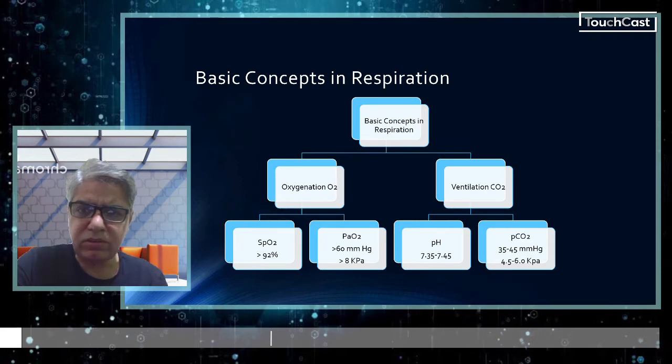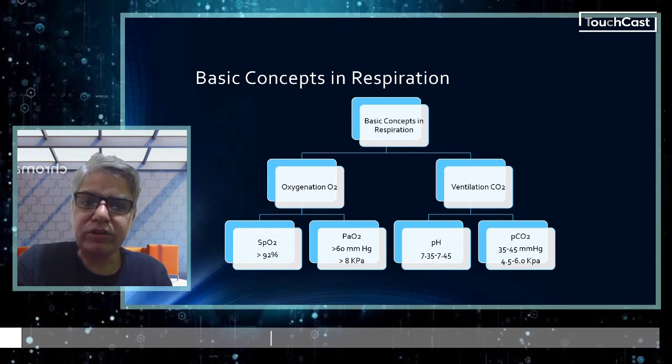Moving ahead, some of the basic concepts: as we discussed earlier, oxygenation deals with maintaining the oxygen level in the blood, and ventilation deals with maintaining carbon dioxide levels in the blood. Now, the rule of two says that for oxygen level maintenance in the blood, there are two things by which you can know whether the oxygenation is normal or not.